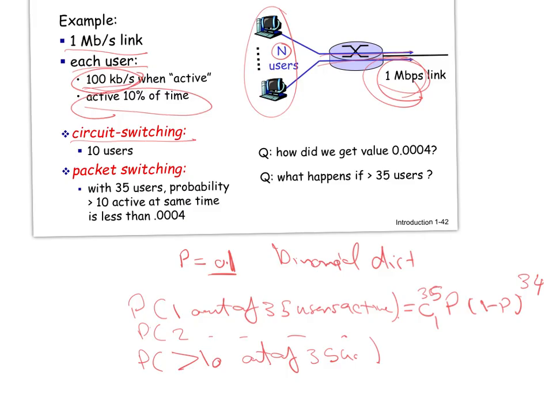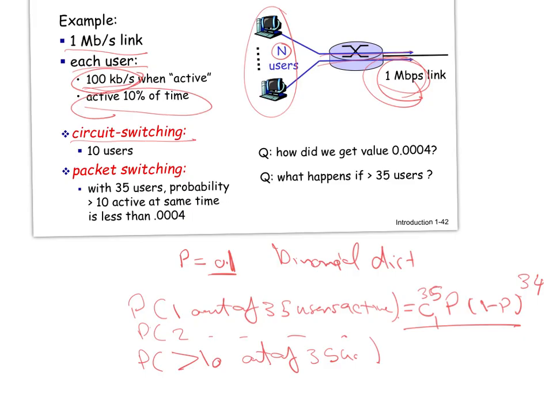More than, not specifically 10. It's actually 11 or 12 or 13. So I have to do this for 11, for 12, 13, 14, 15, 16, and so on, all the way to that.